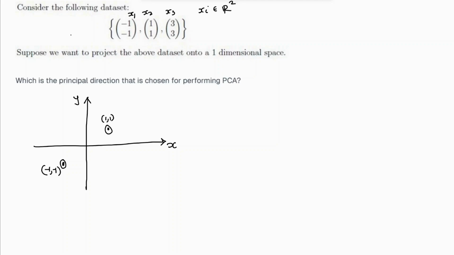And the point 3 comma 3 will also be here. So essentially what we can notice is that all these 3 points lie on the same line, right? They are collinear points, which means that they lie on the same line.